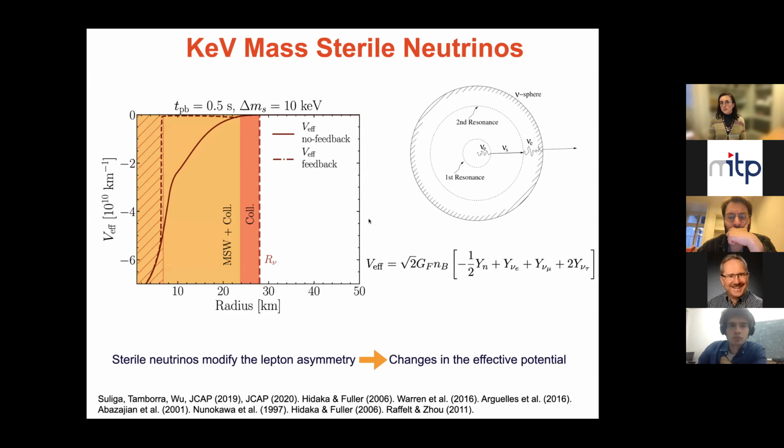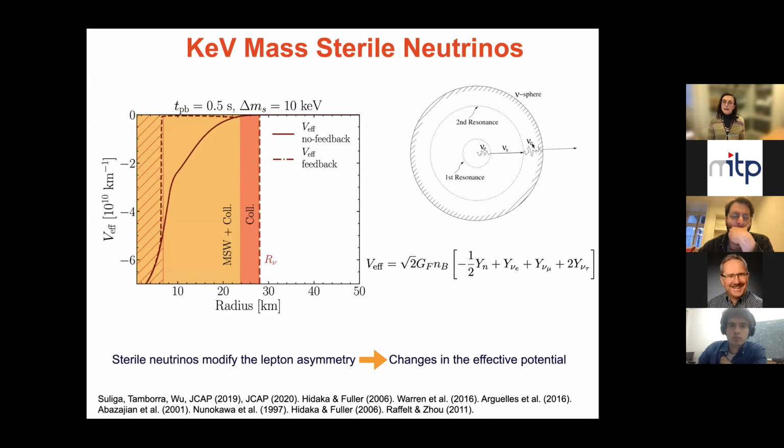And if we assume that we can produce these particles in the context of supernova through flavor mixing, then we expect to convert very deep in the core of the source the active flavors into sterile, and possibly then they undergo other resonances that bring back active flavors.